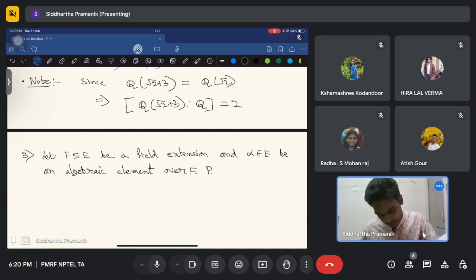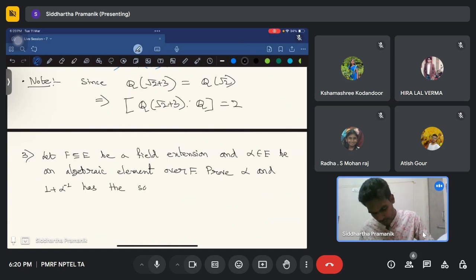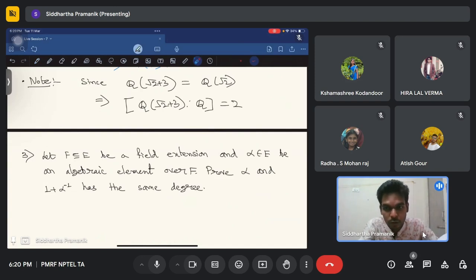So prove that alpha and 1 plus alpha inverse have the same degree. The degree of an algebraic element means the degree of the irreducible polynomial of that element.